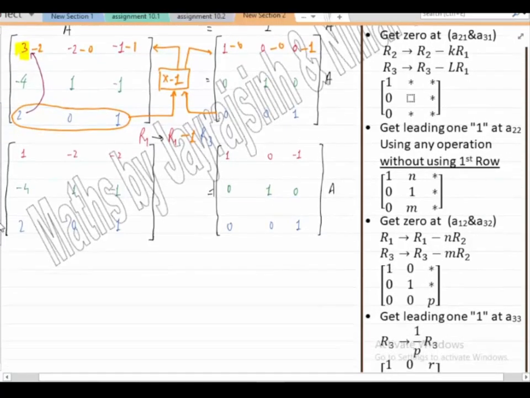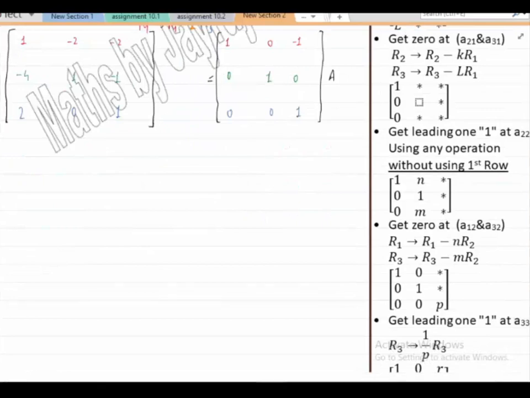Now we should move to the second step, in which we need to get 0 at A21 and A31. For that the recommended process is R2 gives R2 minus K, or we can say minus 4, which will become plus 4 R1, and to get 0 at A31 we will do a second process.